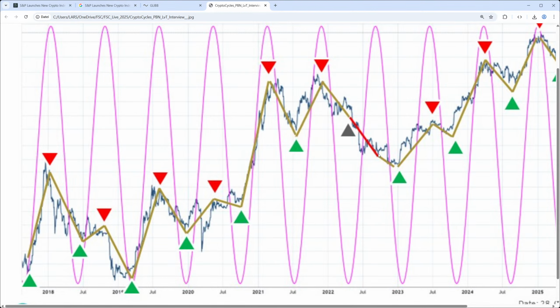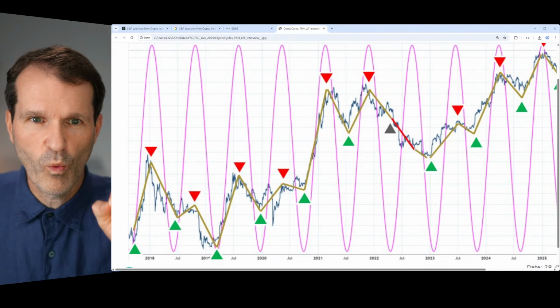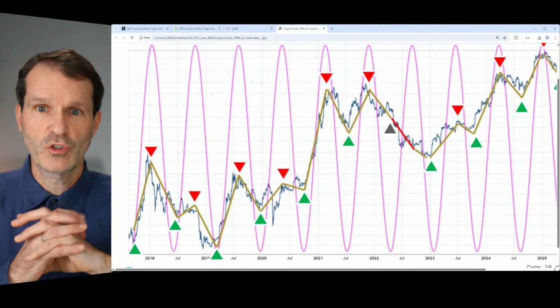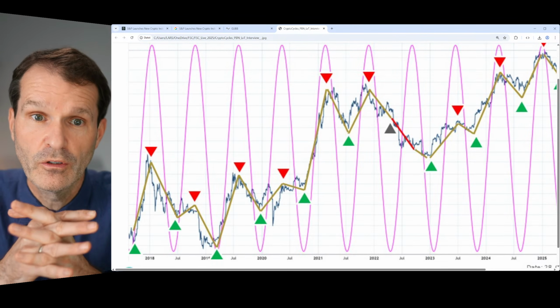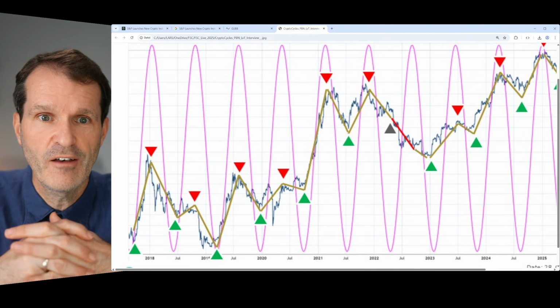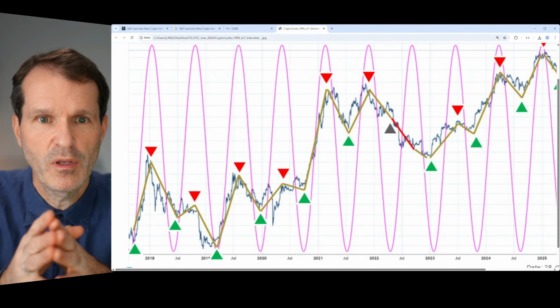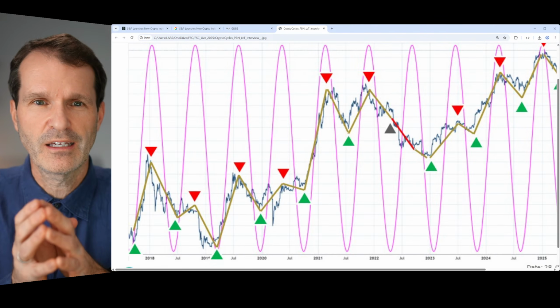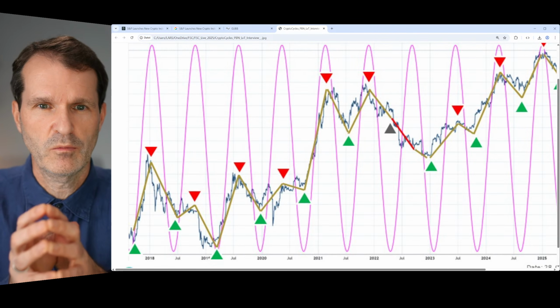So there was one leg of that cycle which failed. All other full cycle swings have been on time in terms of identifying important tops and bottoms in Bitcoin, right?